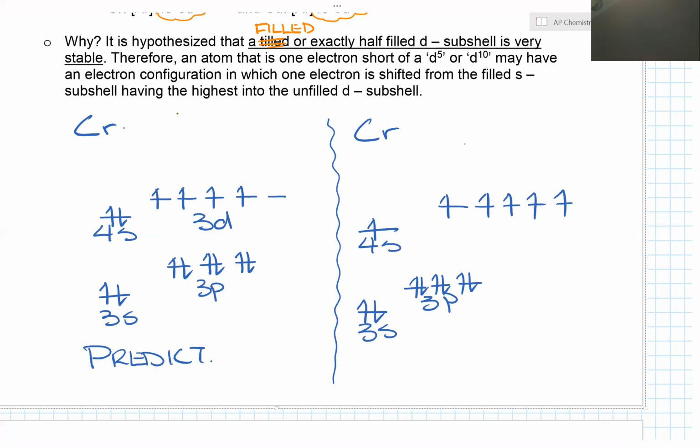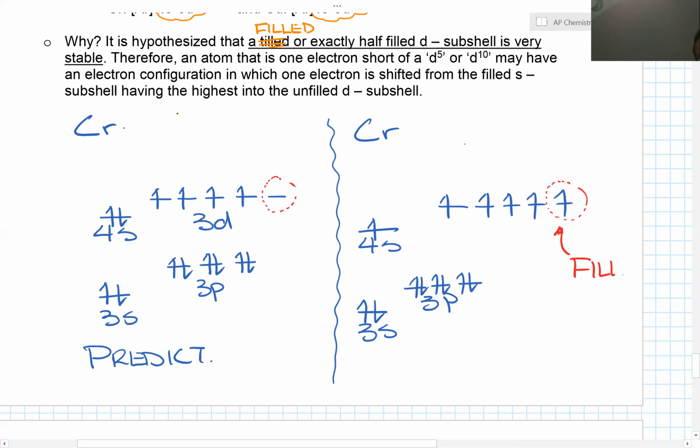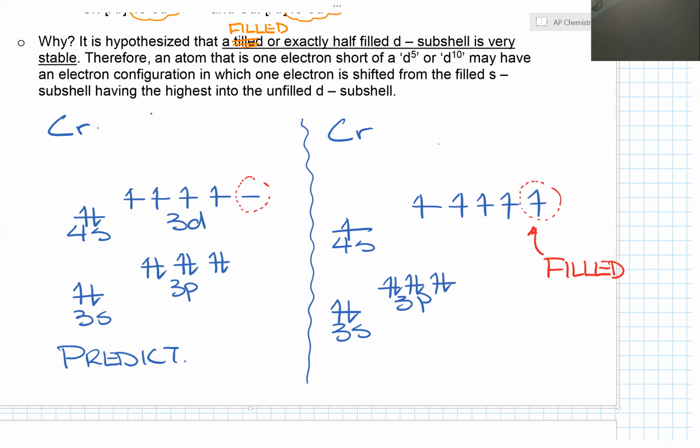So what you would have is this last shell would be filled. Now, why did they theorize this, or how did they come up with this? It has to do with how chromium and elements like it actually bond with other elements. And we'll fill that in later on.